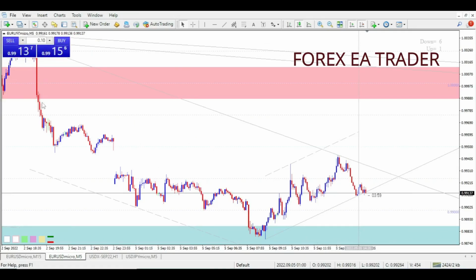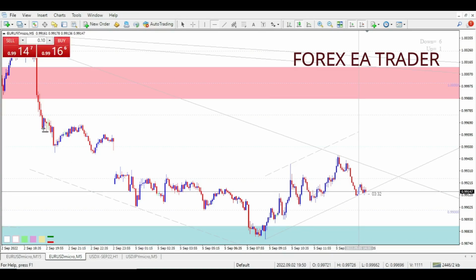So one technique to do this is, let's say on the daily, you analyze that we are going to drop from this level to this level. Now what you are going to do is hunt for every bearish candle, or alternatively you can use the bullish candles, so that you try to get a better entry.